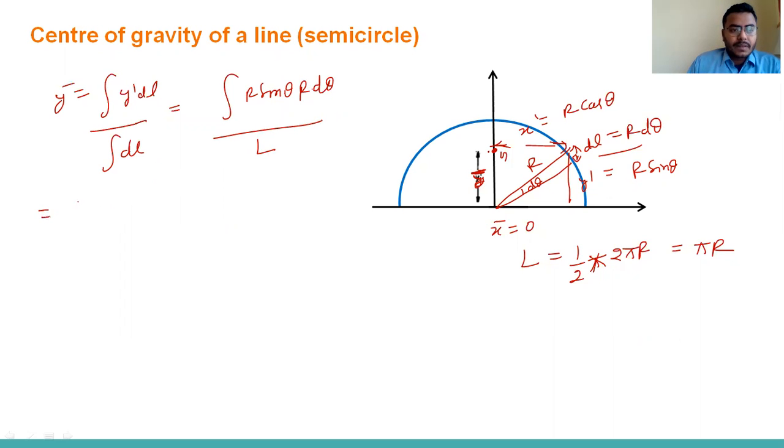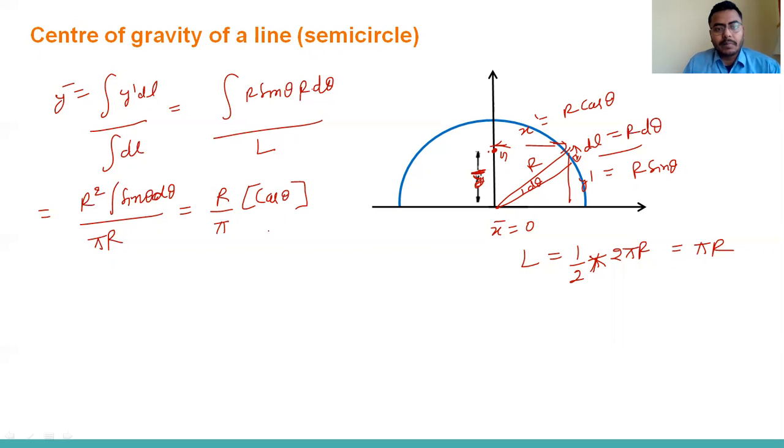Now r square we can take outside, we get integration of sine theta d theta divided by length, that is pi r. Okay. Now we can do the integration. So by dividing, r divided by pi, see cos theta, integration of sine theta will be cos theta.